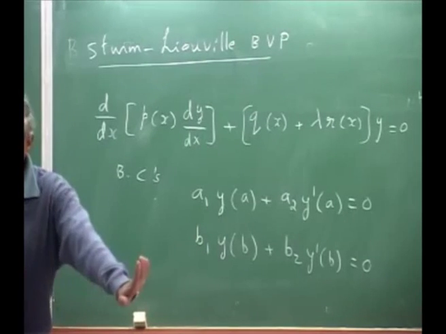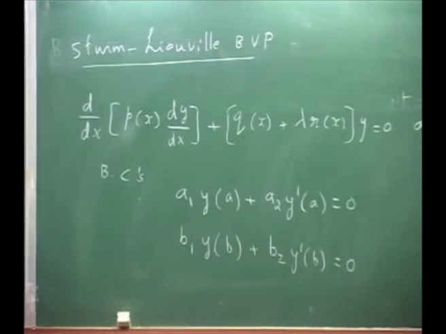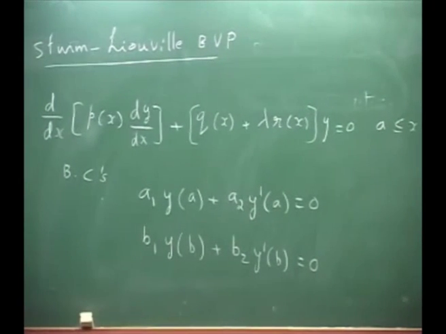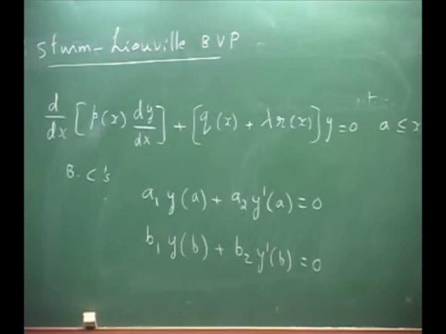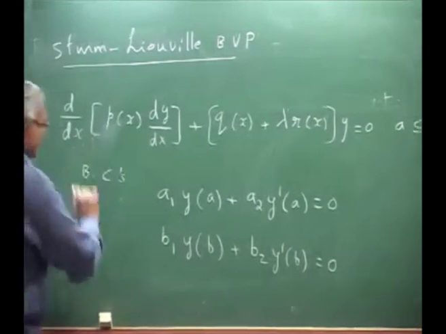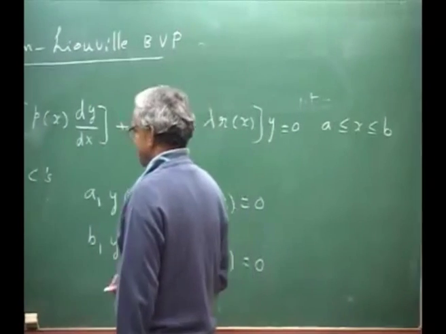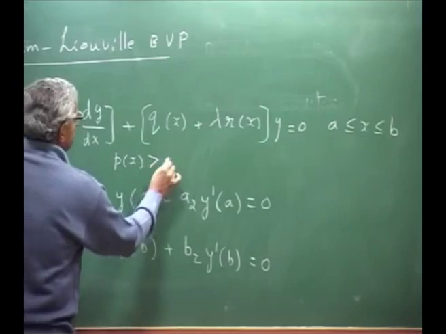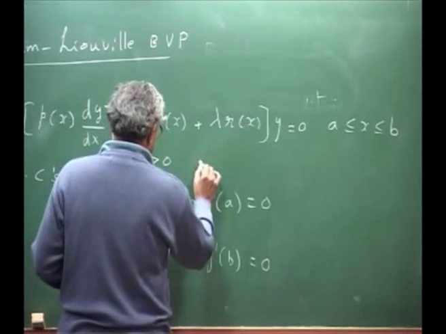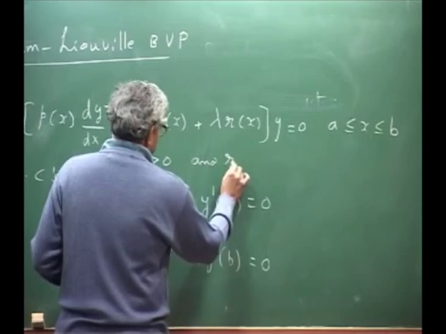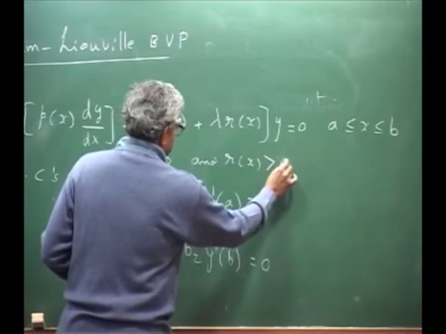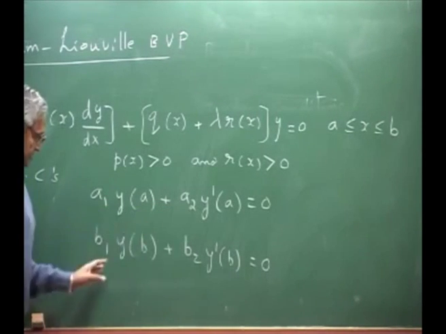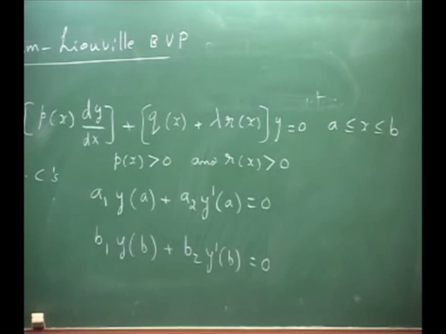So they call it separated boundary conditions. For this type of problems, there are some conditions put in, that is p of x greater than 0 and r of x also greater than 0. And these are all constants, a1, a2, b1, b2.